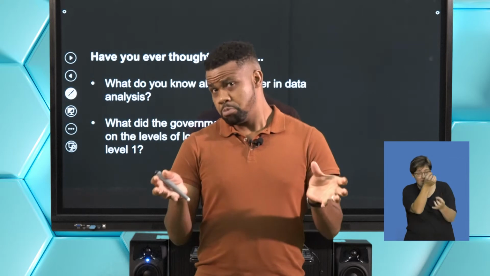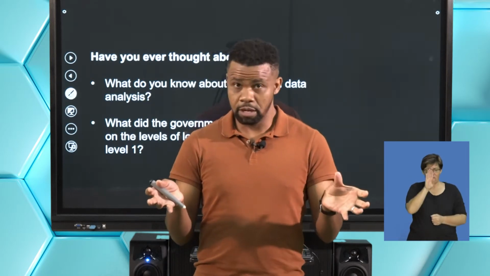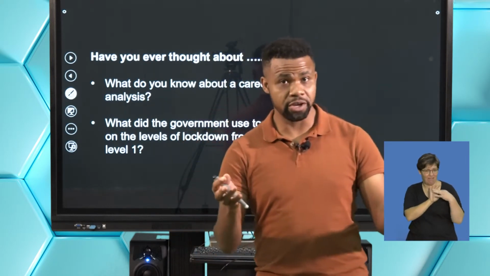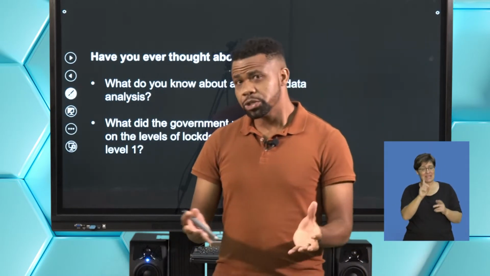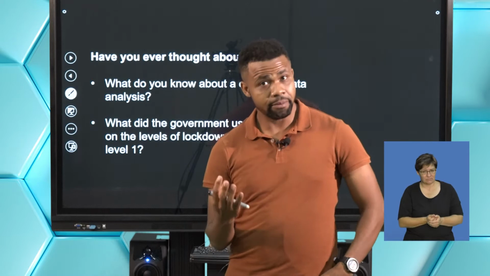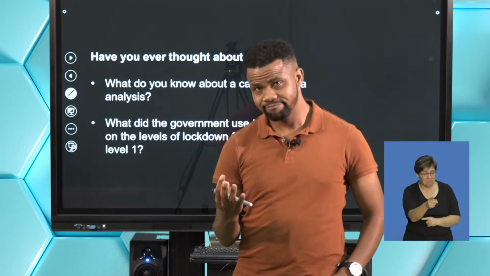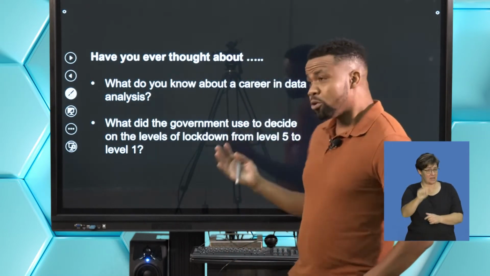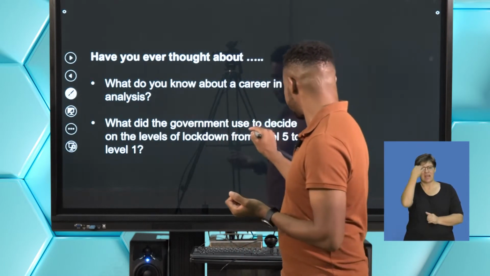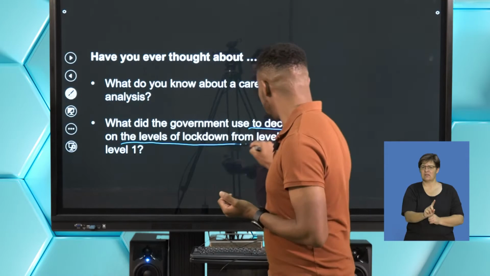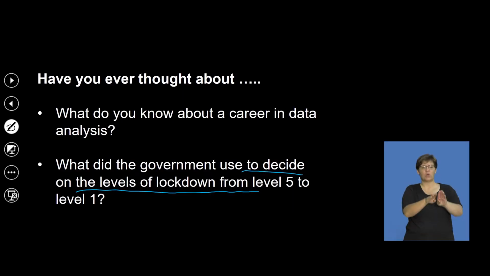I mean, the fourth industrial revolution is about collaboration between human and machine. It's the world of data, okay? So I'm not sure if you ever thought about a career in data. And also, what did the government use to decide on the level of lockdown from level 5 to level 1? Do you remember?